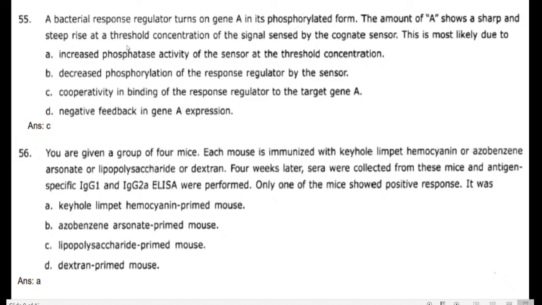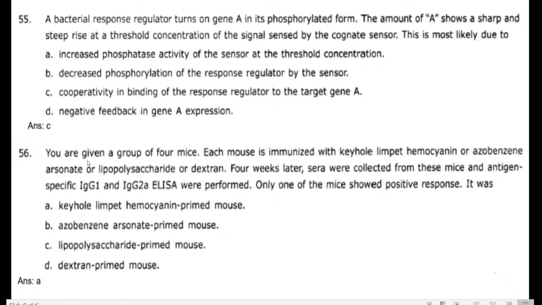If the bacteria is attached on the receptor, the regulator turns on gene A, so that is the higher number of genes. So this regulator is correctly binding to the target gene A.